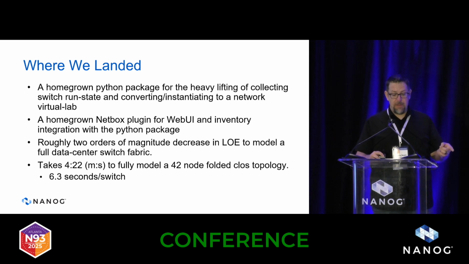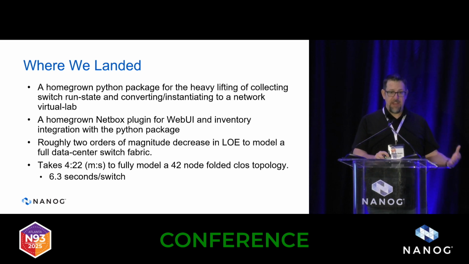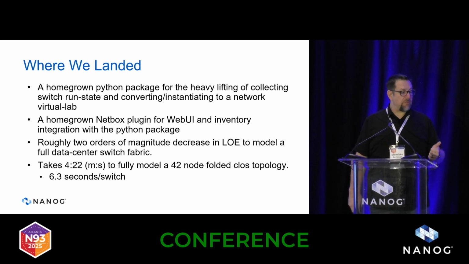I have some wrong numbers on that slide, but where we ended up as of last week was, instead of it taking an engineer maybe a couple of days to model our layer 3 leaf and spine EVPN data center fabric, now they can do that in just under 2 minutes on one of our data center fabrics, which happens to have 48 switches running on it. I thought that was a pretty good result.